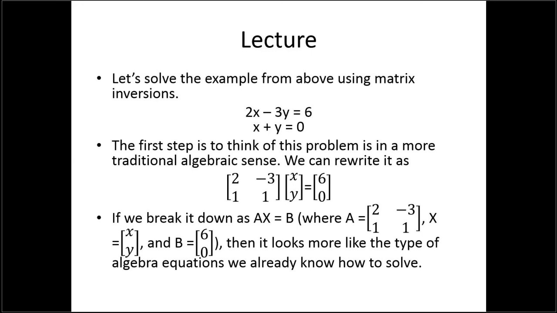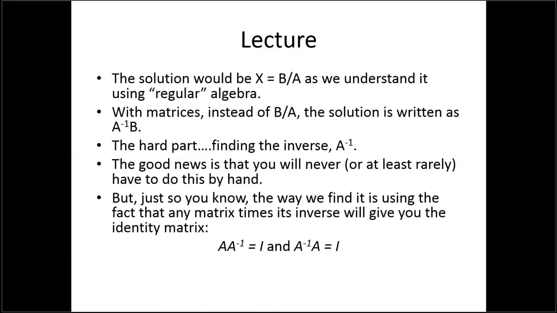So this looks more like a typical algebraic problem. And if this were just regular old algebra, we would say x equals b over A. But this is not regular algebra. So the actual solution is going to be x equals A inverse times b.